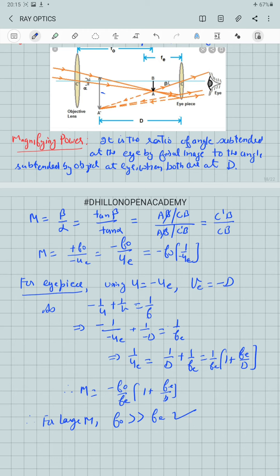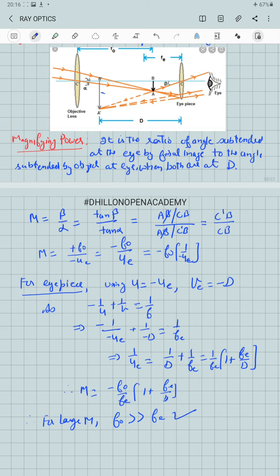From the figure we can find the value of tan beta in the triangle ABC, which is AB over CB, and in triangle ABC dash we can find tan alpha, which is AB over C dash B. AB gets cancelled, we are left with C dash B over CB.